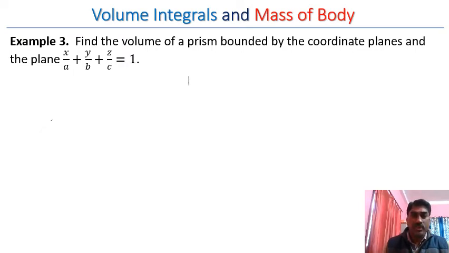If you draw the axis, this is suppose x-axis, this is y-axis, this is z-axis. When you put y and z equal to 0, the plane intersects x-axis at some point x is equal to a, and it intersects y-axis at some point y is equal to b, and z-axis at some point z is equal to c.